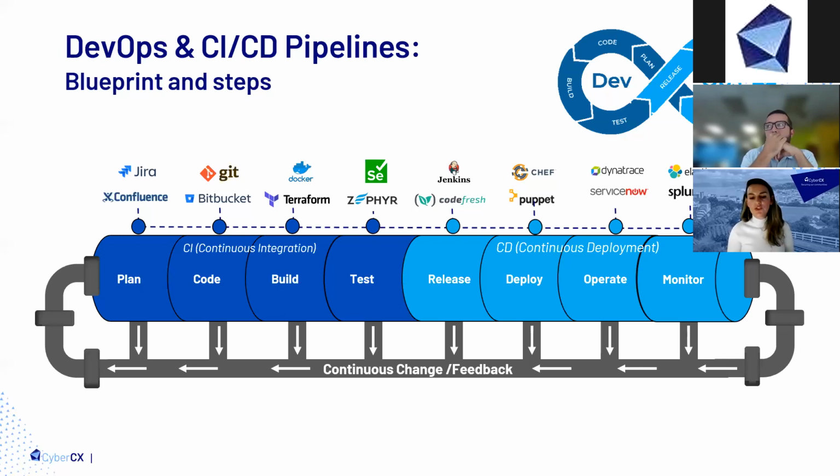Jenkins and CodeFresh are called orchestration or automation tools, and they are responsible for helping you to automate the continuous integration side of things and the continuous deployment side of things. Some teams, of course, need to start that journey. So you might see that your team doesn't have the full life cycle, doesn't have the integration and deployment side of things. They might only have the initial stage, but the aim is to automate as much as possible.